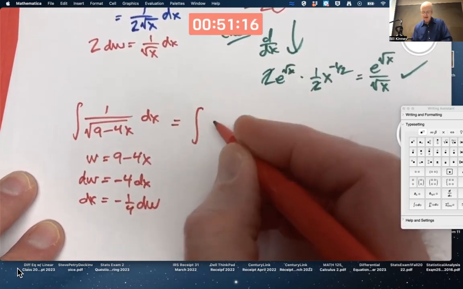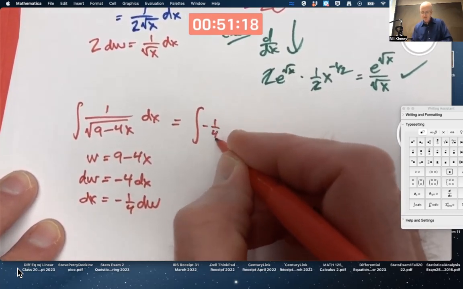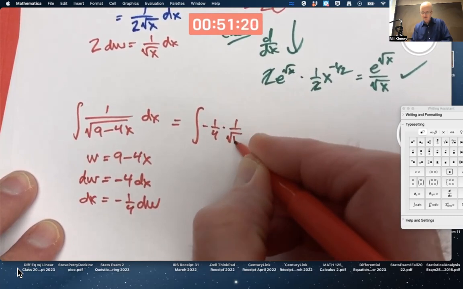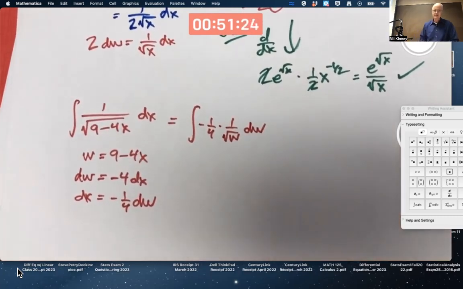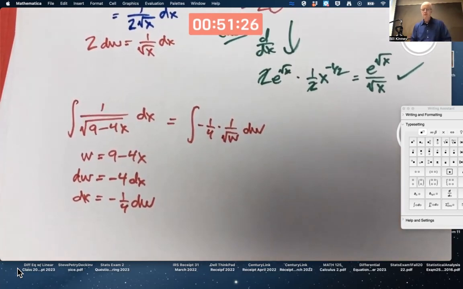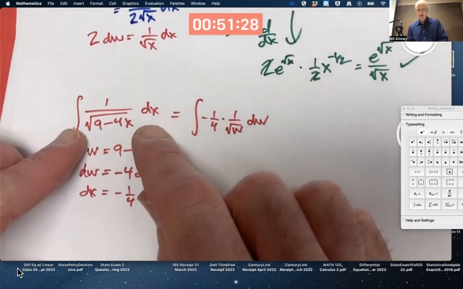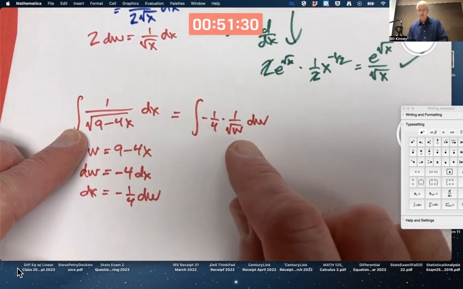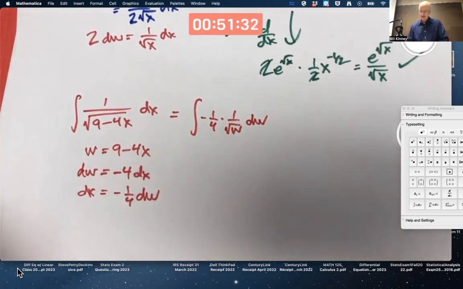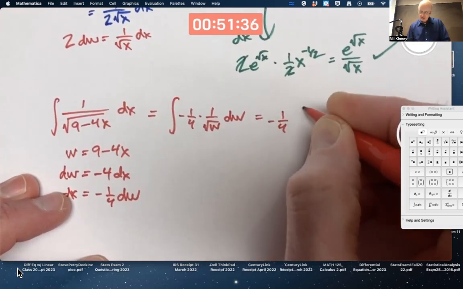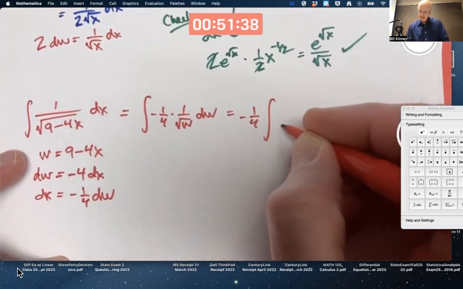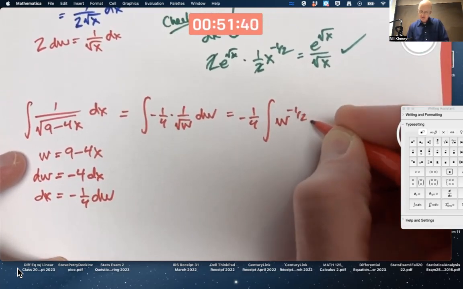So it looks like I'm going to get the integral of negative 1/4 times 1 over square root of w dw. Right, the dx gets replaced by negative 1/4 dw. The 9 minus 4x in that square root gets replaced by w. And this can be done because 1 over square root of w is the same as w to the negative 1/2 power.